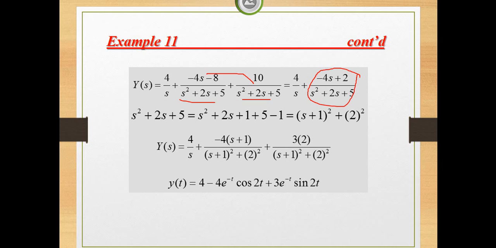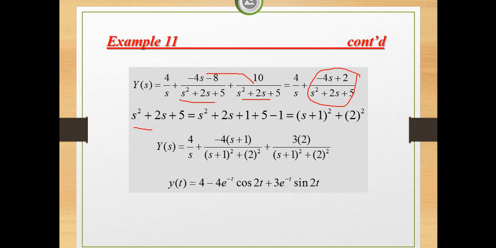So you will have now s squared plus 2s plus 5 being equal to s squared plus 2s plus 1 plus 5 minus 1. By the way, class, this one is just a procedure on how you're supposed to have this inverted. So if you notice here, class, if you will already have this inverted, it is already invertible. What do I mean?